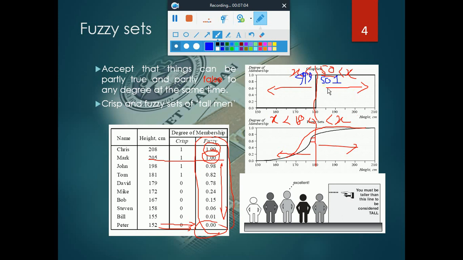So for example, if we apply fuzzy logic in smart vehicles, the condition is, if a car is running slow, it has to apply the accelerator to increase its speed.